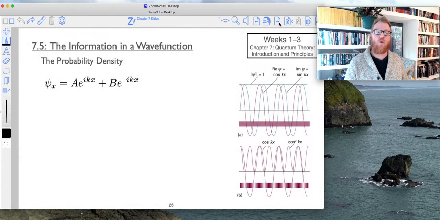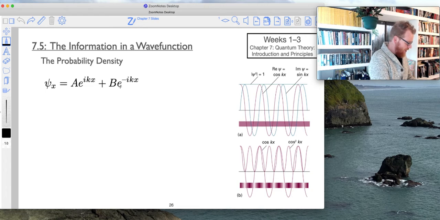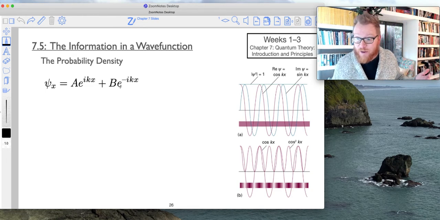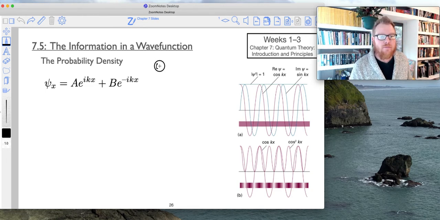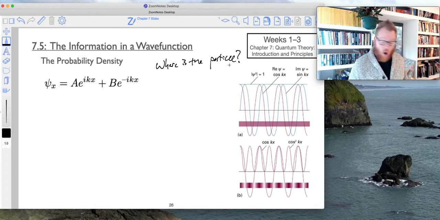Okay, so for example, I'm going to play with this exponential form. And if we just simply ask the question, where is the particle? Well, we know now that we can take the square modulus to find it, okay?